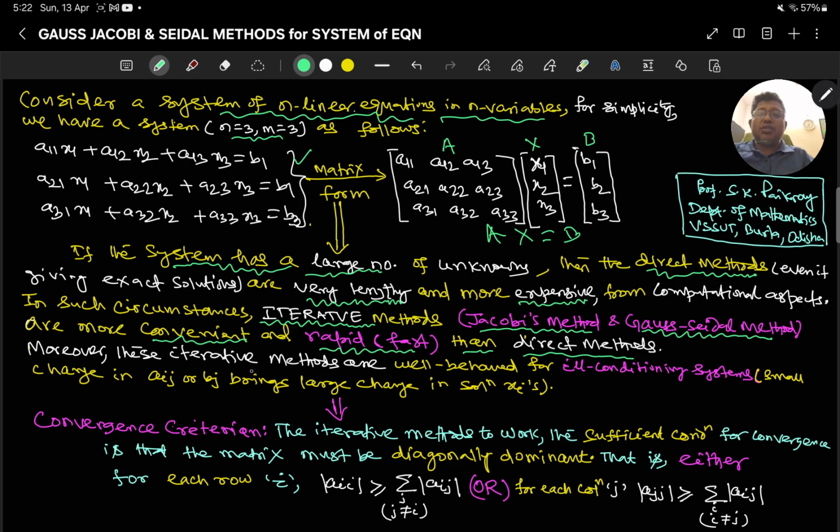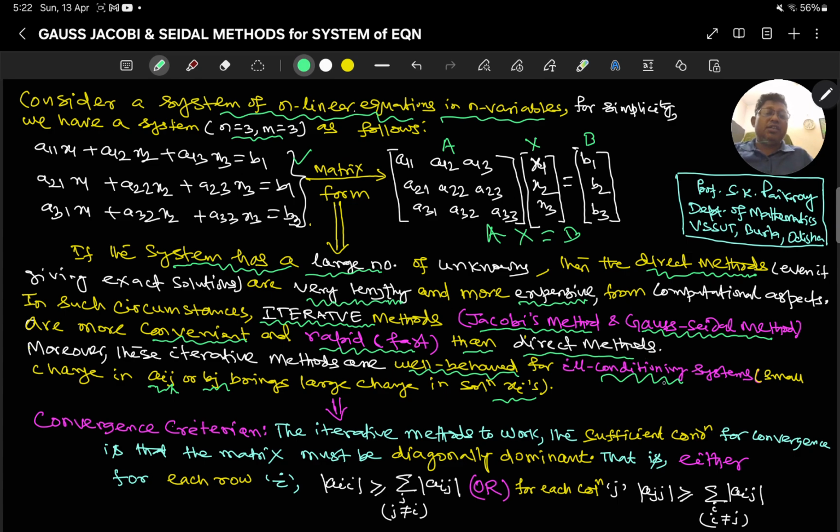Moreover, these iterative methods are well behaved for ill-conditioned systems, right? Ill-conditioning means, think of sensitivity analysis, that a little change in the coefficient aij or a little change in the right hand side bj brings a large change in the solution. This system is called an ill-conditioned system.